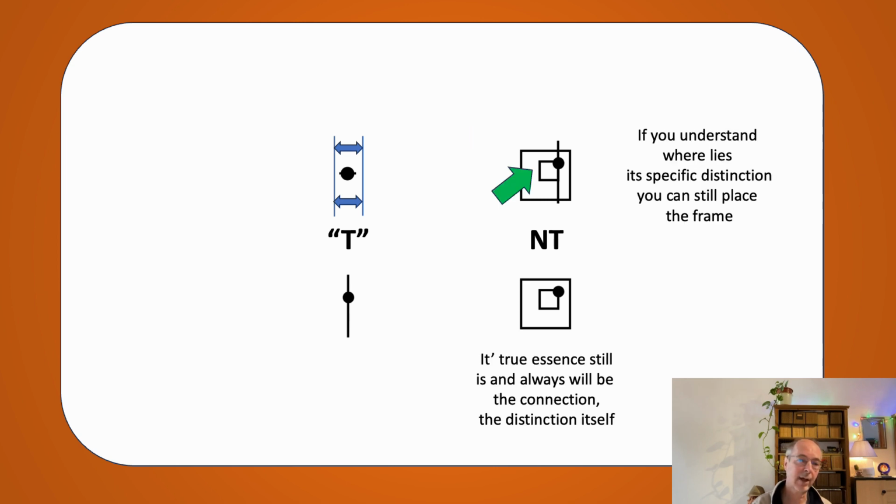So if I would like to combine both, the distinction where I have to add the T, or the form of the features it usually has, I can add them, but the most essential thing of it still is the connection itself, which is based upon the distinction itself. What is it that it will distinguish? It will make a distinction between two different objects. Not more than that. That's the essence of T.